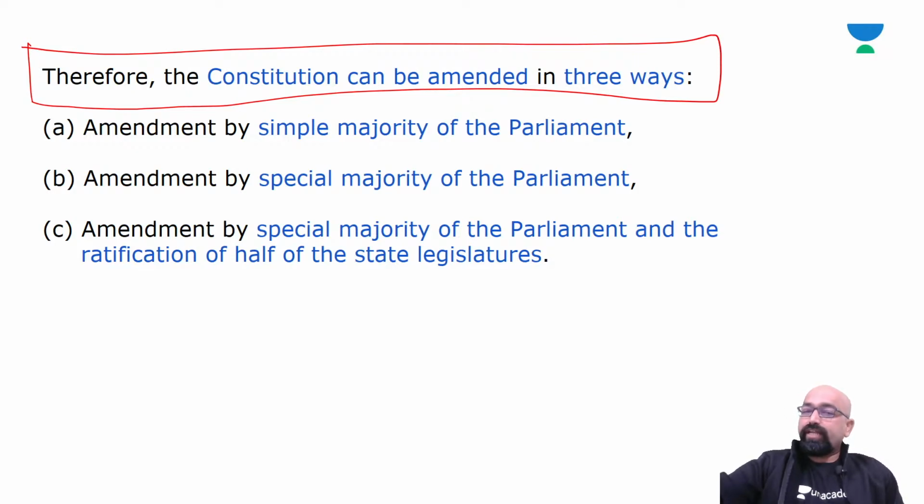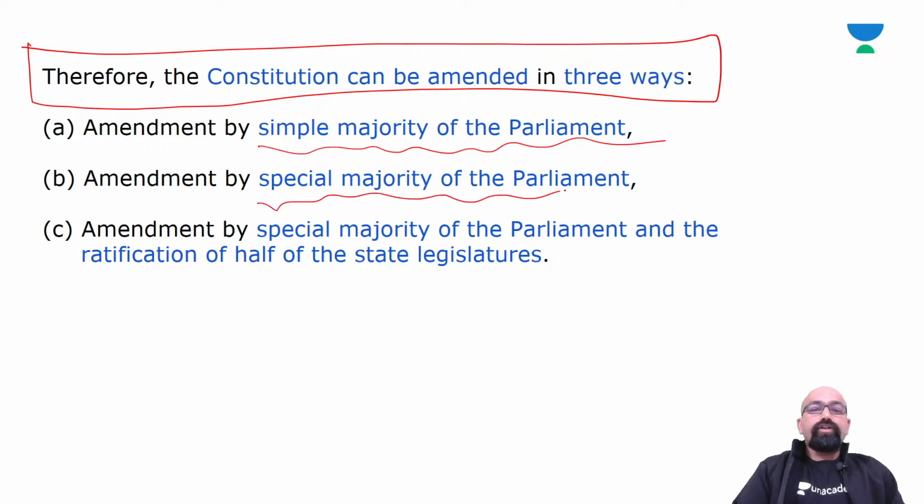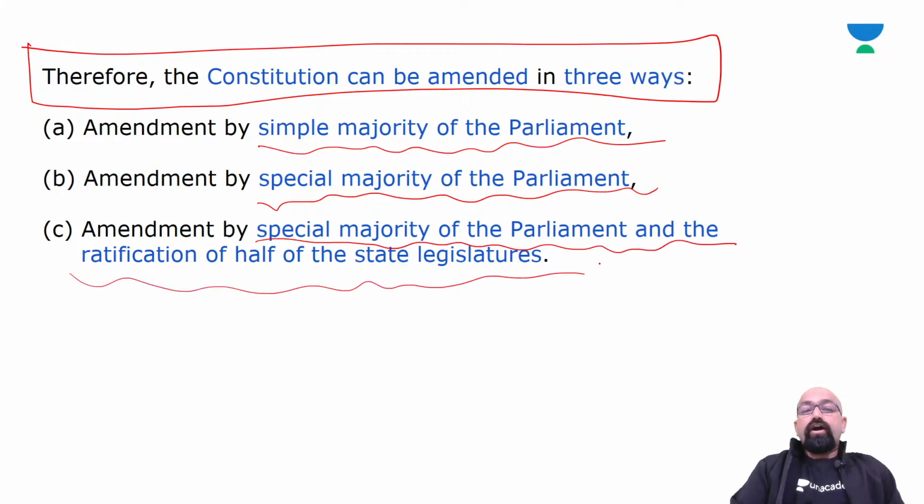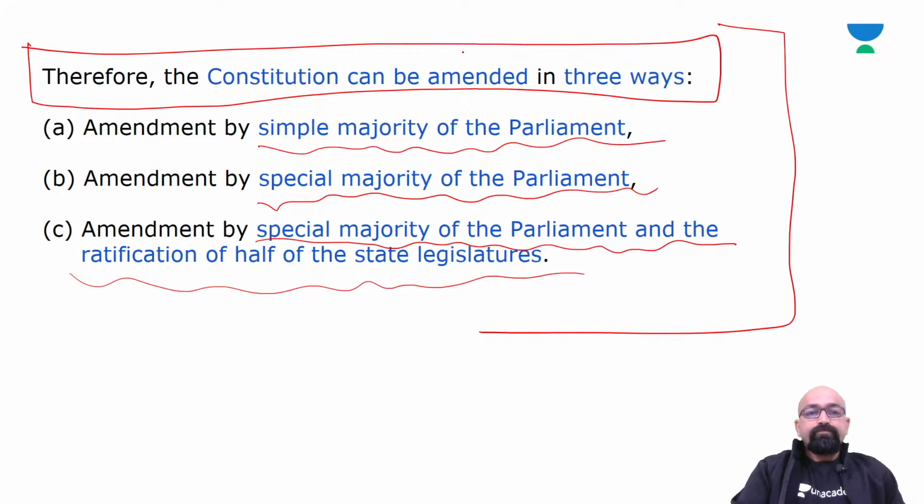So we can amend our Constitution in three ways, where first is simple majority of Parliament, second one special majority of Parliament, and third one amendment by special majority of Parliament and the ratification of half of the state legislatures. These are the three ways where we can amend our Constitution.